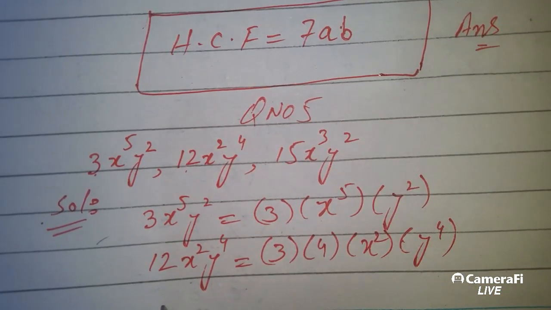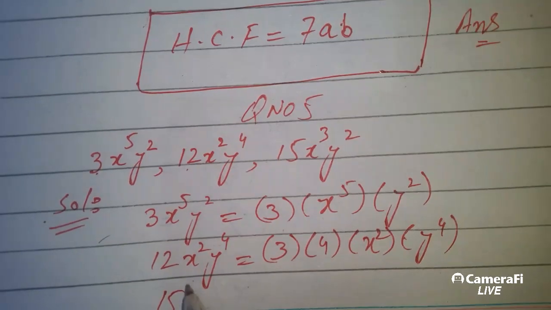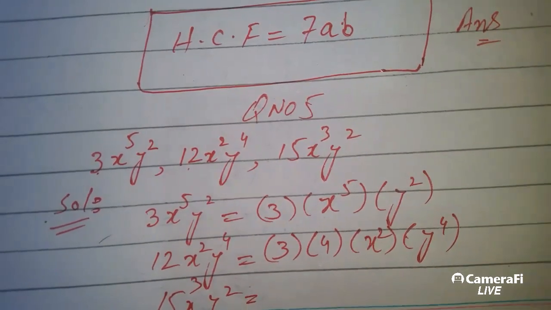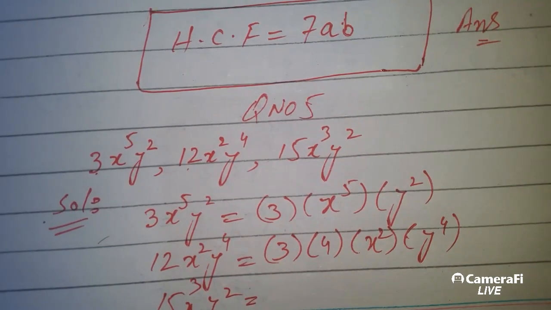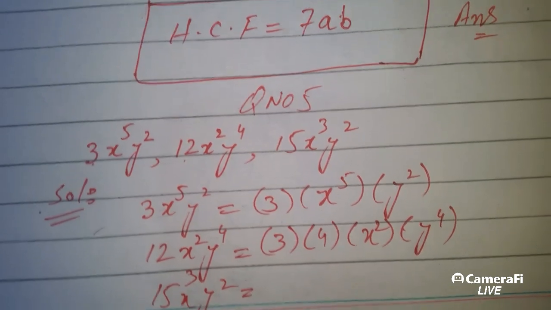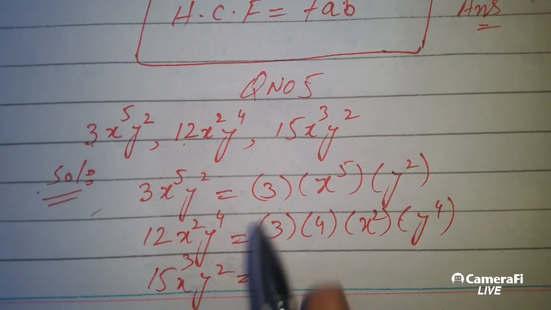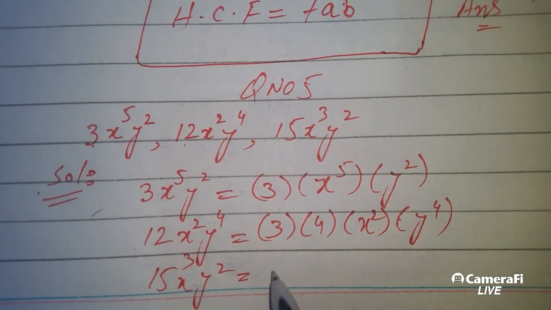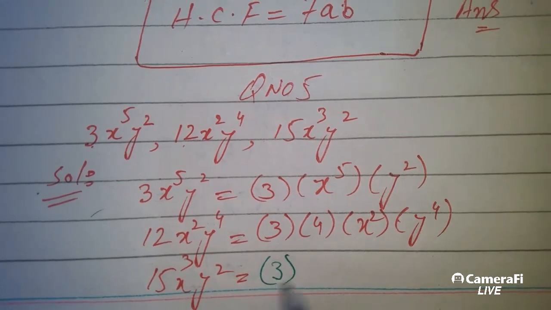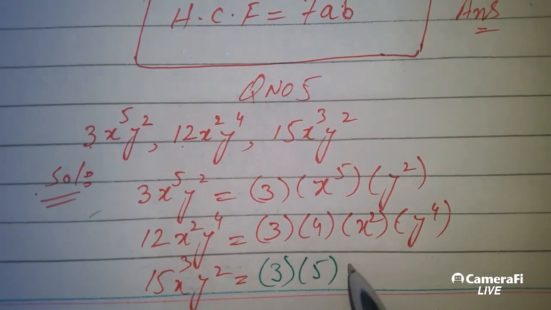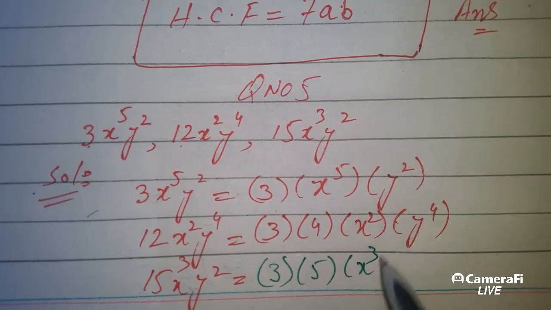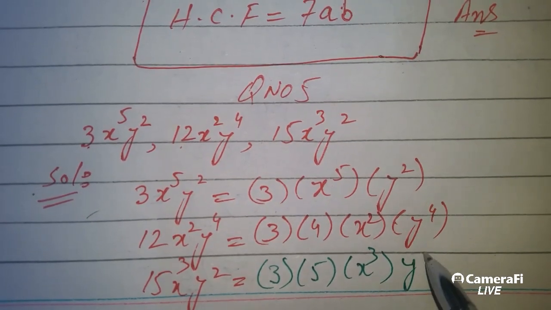Then I have 15x raised to power 3 y raised to power 2, which is 3 5s are 15, and x raised to power 3 and y raised to power 2.